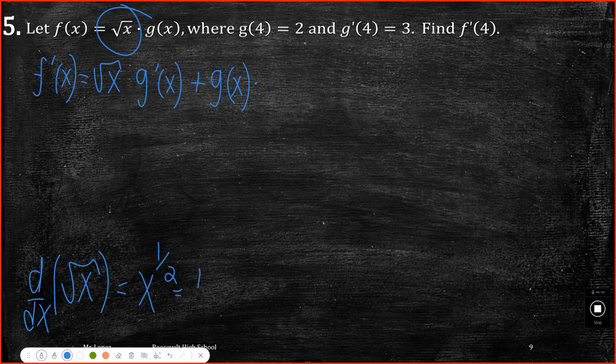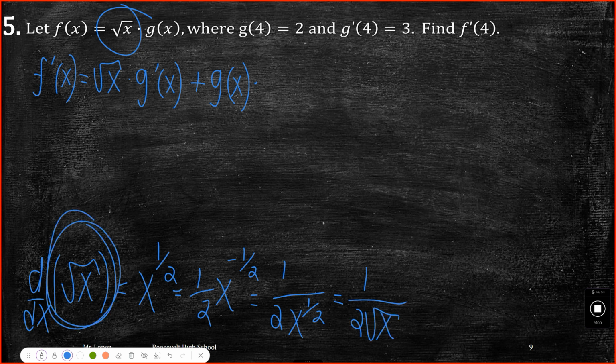The derivative of that is going to be 1/2 x to the negative 1/2, which is 1/2 over square root of x. Just memorize this: the derivative of square root of x is 1/2 over square root of x.